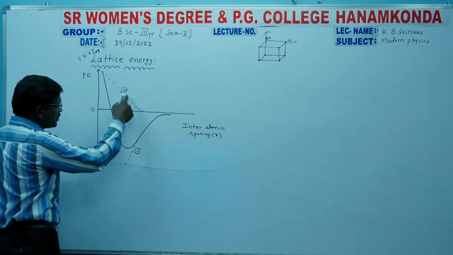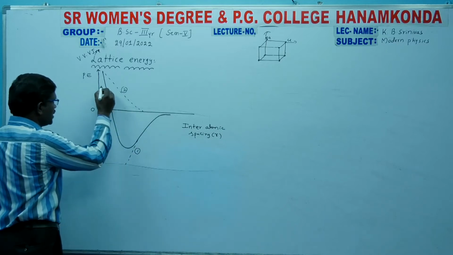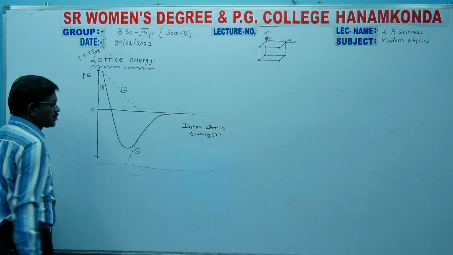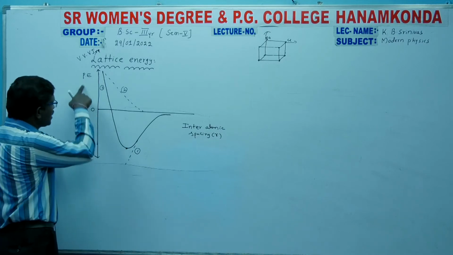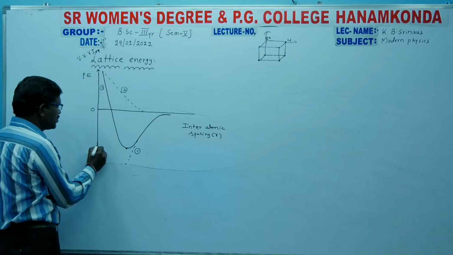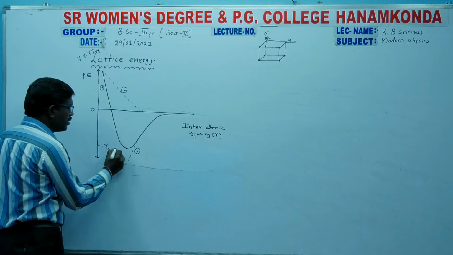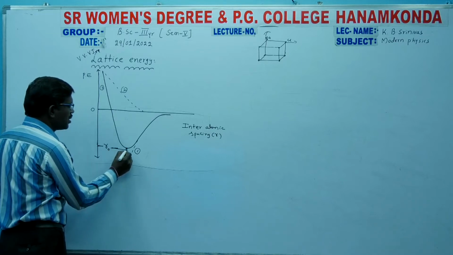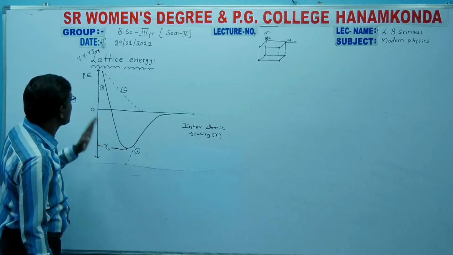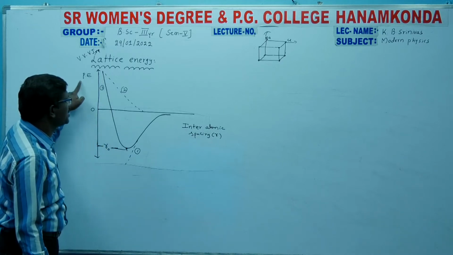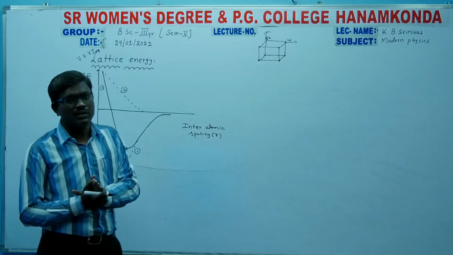The resultant of these two dotted lines I am representing by a third curve. This is the minimum point; this point represents minimum potential energy. Let the distance at which potential energy becomes minimum be R0. This is the graph between potential energy and interatomic spacing of the crystal.